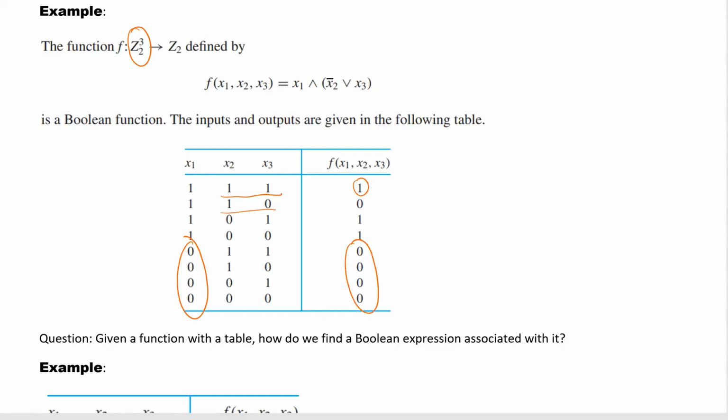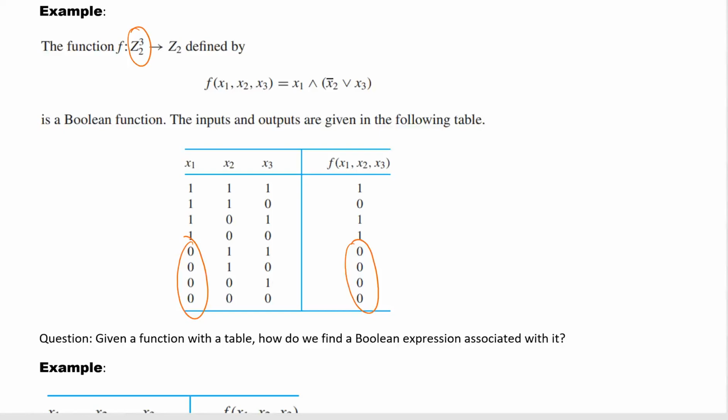Then here we have not 1 is 0, 0 or 0 is 0, 1 and 0 is 0. Then here not 0 is 1, 1 or 1 is 1, 1 and 1 is 1. Here 1 or 0 is 1, 1 and 1 is 1. So far so good. This is how we get the logic table.